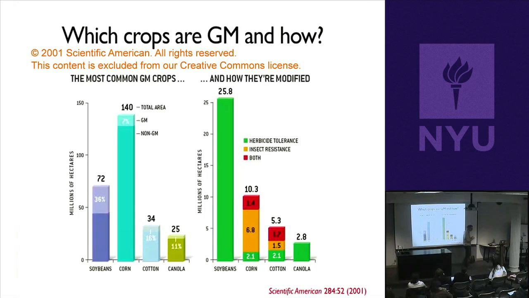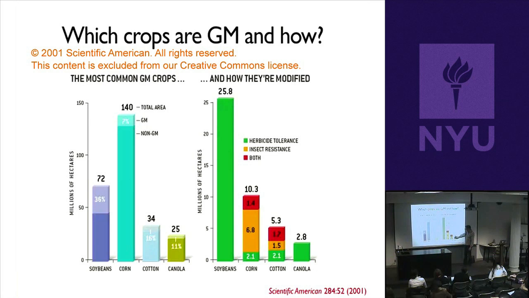The other half of this: over here we have again the same crops, soybeans, corn, cotton, canola, and this is how they're engineered. So this is what I was just saying. All of the engineered soybeans are engineered to be resistant to this herbicide. They're not engineered to have Bt toxin in them. All of the engineered canola is resistant to the herbicide, not resistant to insects.